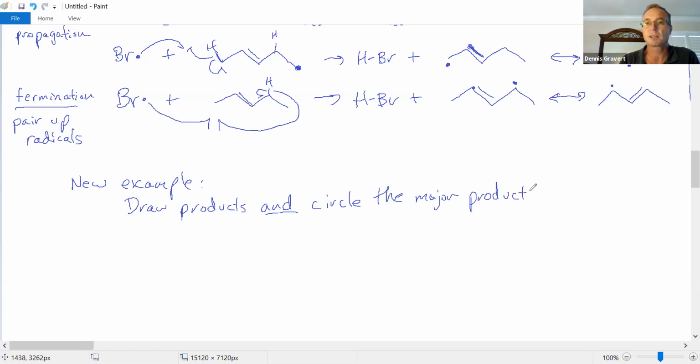Meaning I want you to pick out which one nature is going to favor. Which one is she going to make more of? And so that might be how the question will be phrased on your next exam.